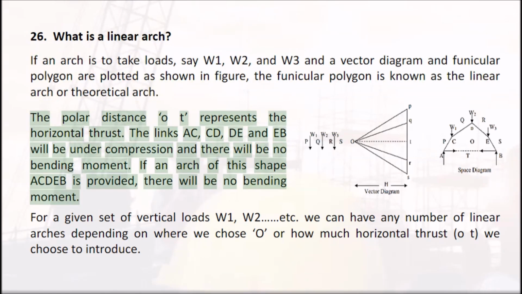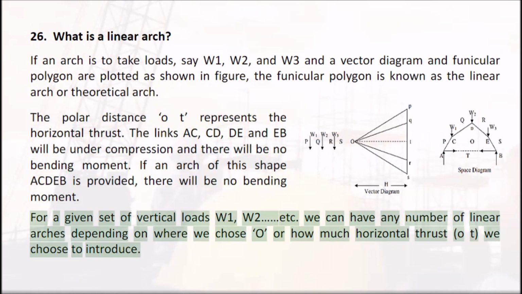The polar distance OT represents the horizontal thrust. The links AC, CD, DE and EB will be under compression and there will be no bending moment. If an arch of this shape ACDEB is provided, there will be no bending moment.